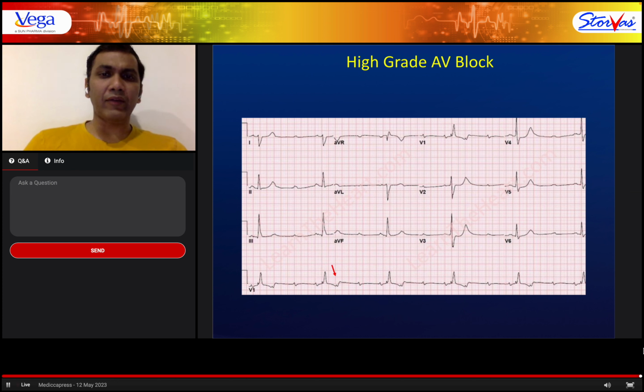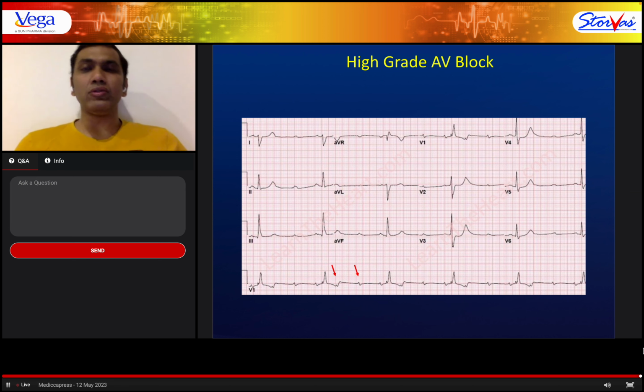This AV block definitely needs pacing, and before you condemn patients like this to pacing, make sure that the P wave remains at a sinus nodal exit. That is what I kept telling, where it is positive in lead 1, positive in AVF, and lead 2.